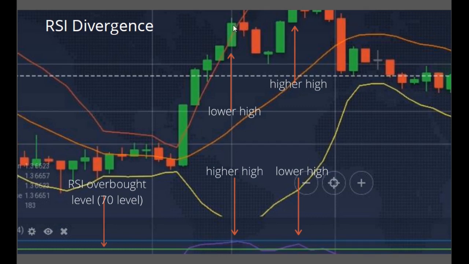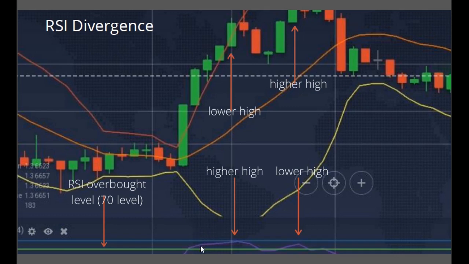The price on the candlestick chart moved from a lower high up to form a higher high. Those levels, the lower high and the higher high up there, do not agree with the transition on the RSI indicator, meaning the lower high formed the higher high, and the higher high formed a lower high.